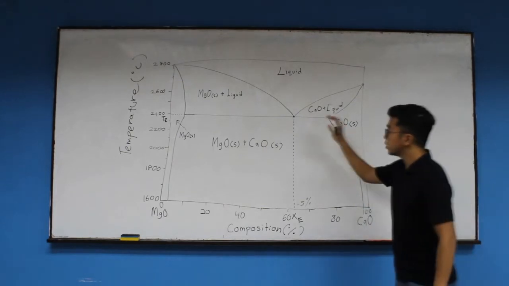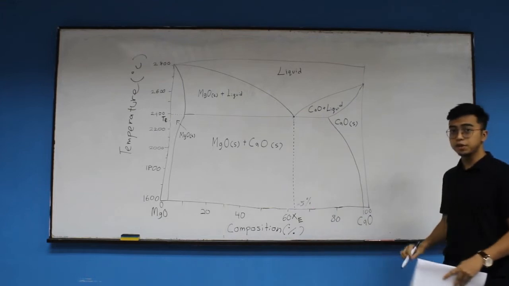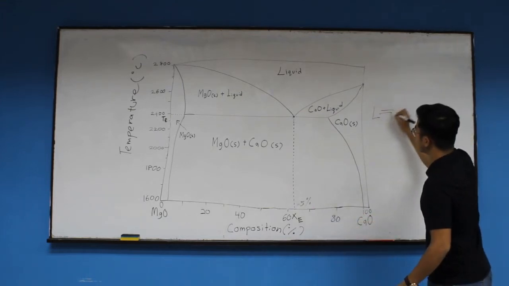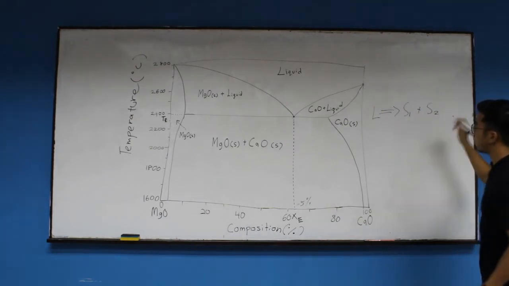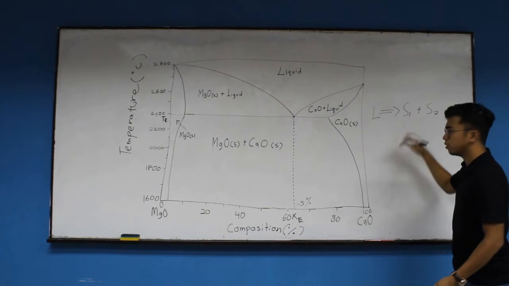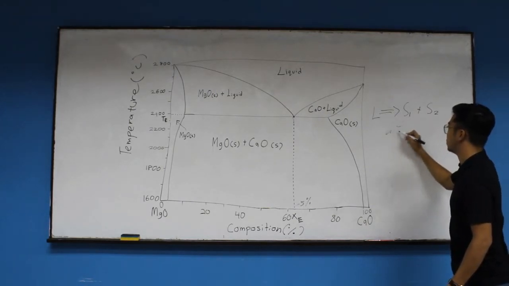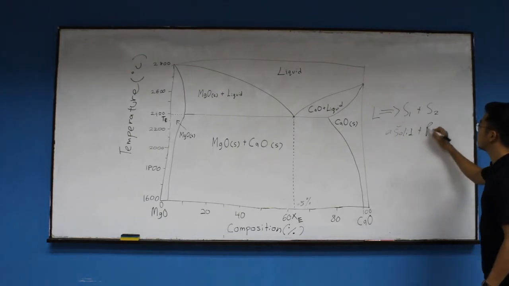Just below the eutectic temperature, there are two phases of very different composition. It is L to solid 1 plus solid 2, or we can say alpha solid plus beta solid.